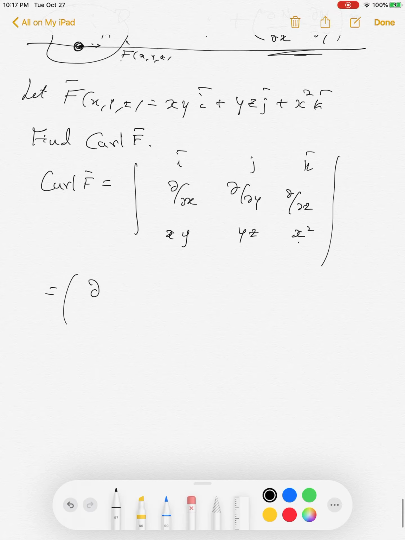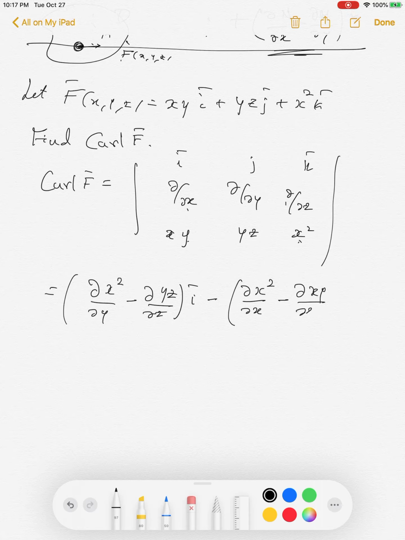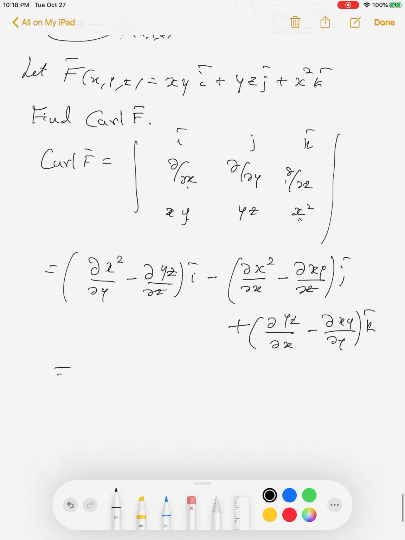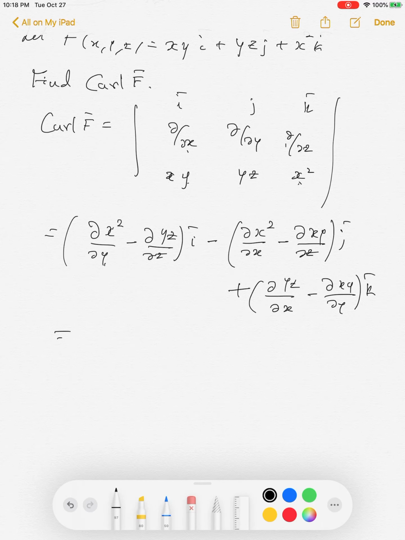So the first component is xy, second is yz, and then x squared. So this is going to be partial of x squared with respect to y minus partial of yz with respect to z, i bar, minus partial of x squared with respect to x minus partial of xy with respect to z, j bar, plus partial of yz with respect to x minus partial of xy with respect to y, k bar.